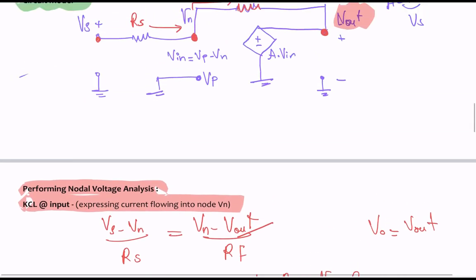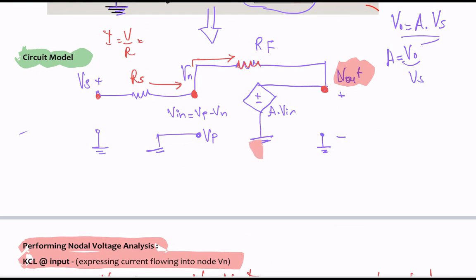Now let's move over to the output side. I want to focus on the output side of this circuit. We don't really have a good way of finding out how much current is entering this node. We know how much current is entering this node, but we don't know how much is entering this node right here. So we can't really apply nodal voltage analysis, but what we can do here is apply KVL.